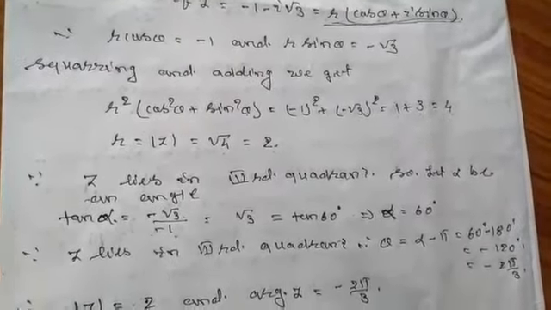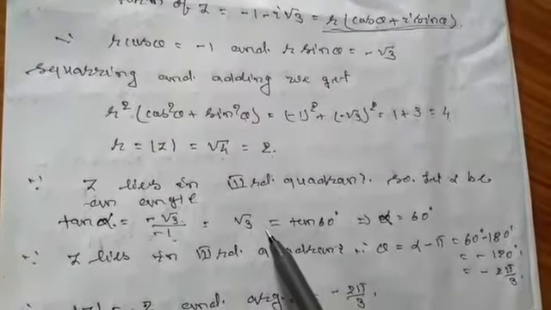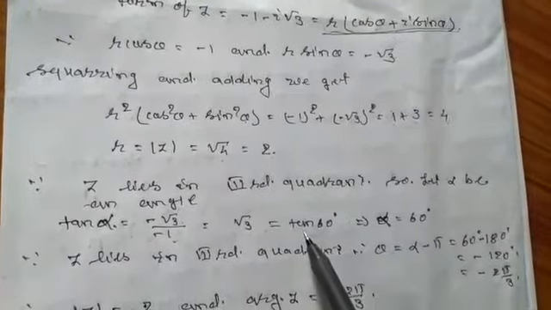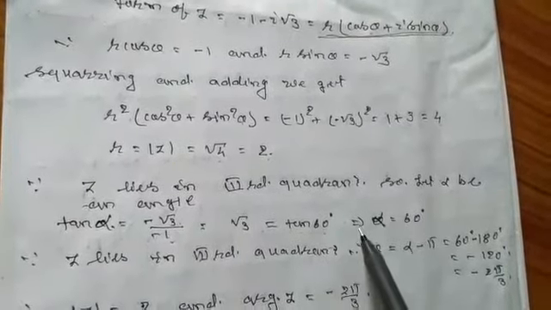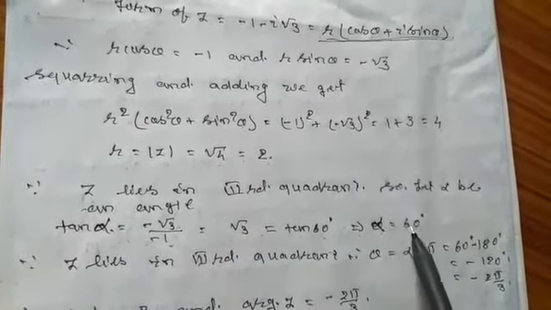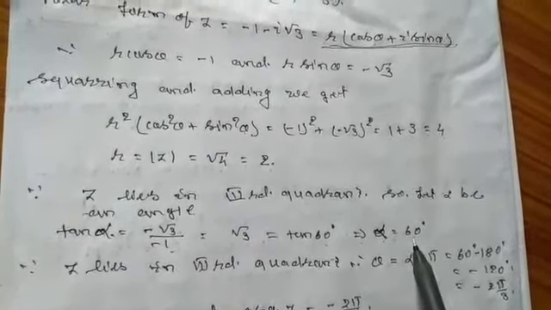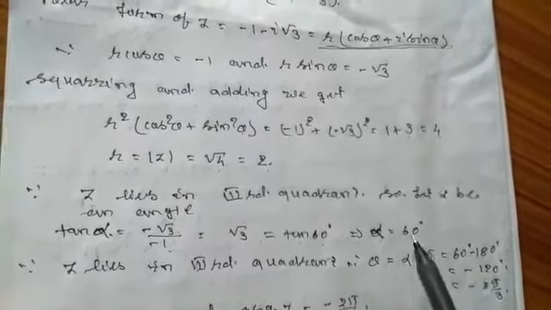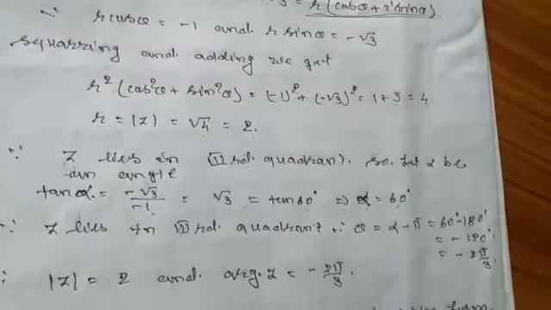So minus minus will get cancelled. So we have root 3, which is equal to 60 degree. So we got alpha equals 60 degree.